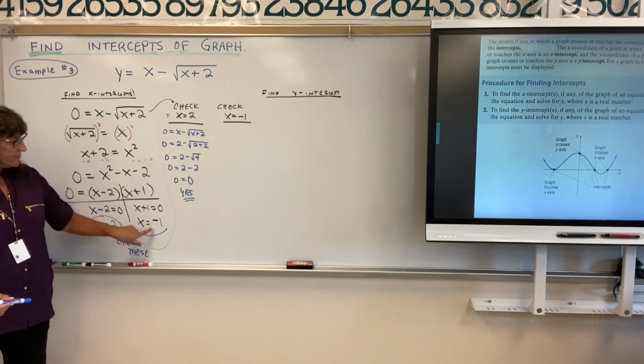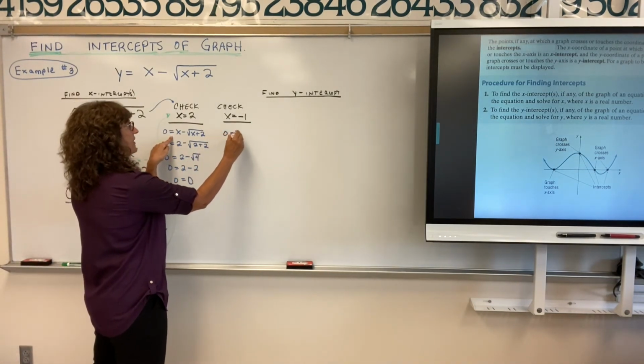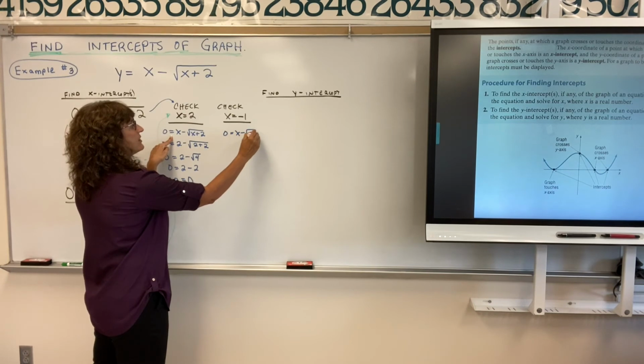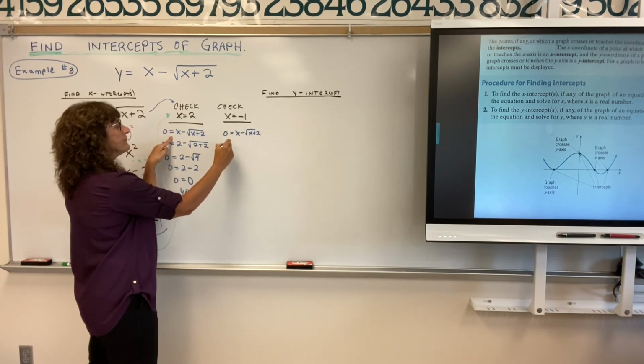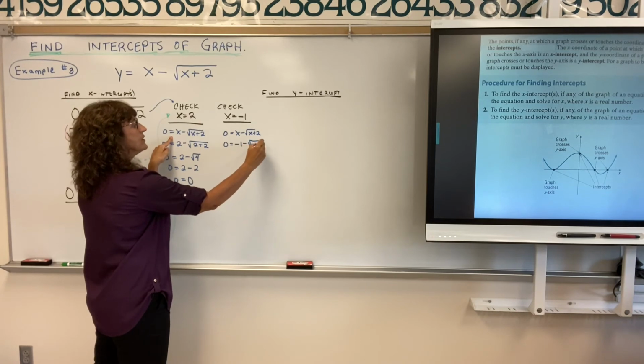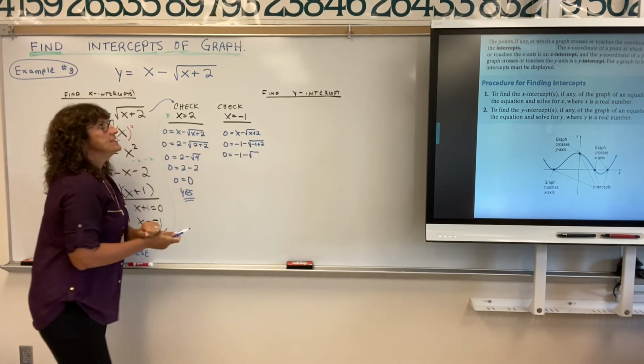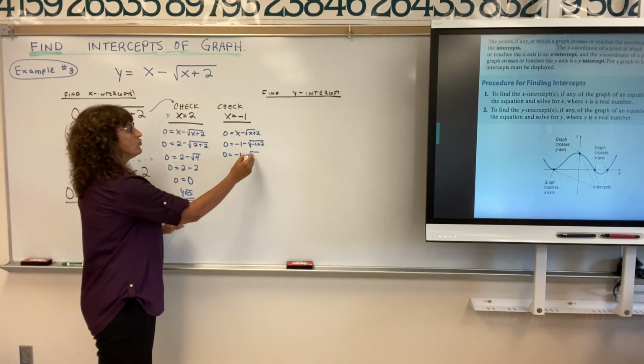Okay, what about x equals -1? Let's see, 0 equals x minus radical x plus 2. Plug in -1 for x. You have -1 minus radical -1 plus 2. So you have -1 minus radical of 1, since -1 plus 2 is 1.